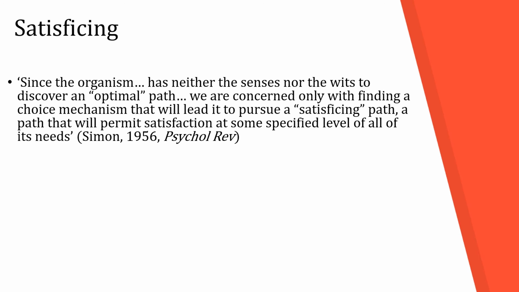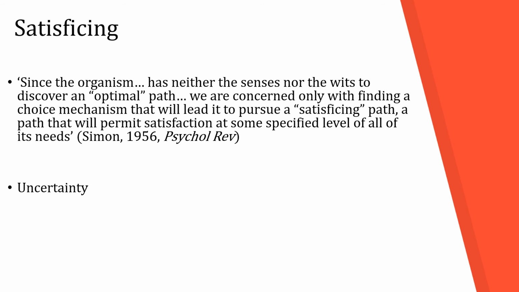To paraphrase Herbert Simon, who proposed the term, it's the notion that if an agent cannot discern the optimal solution to a decision problem, the next best approach is to select a policy that will satisfy the vital needs of the agent. Among others, such an approach is particularly useful when there is uncertainty about the structure of the environment, which there is in our case, since participants do not have prior information about the reward landscape.